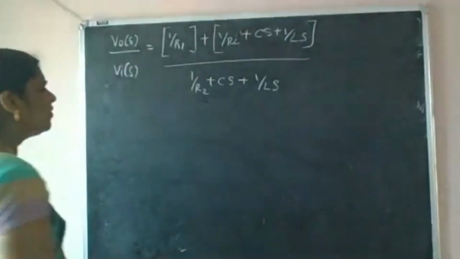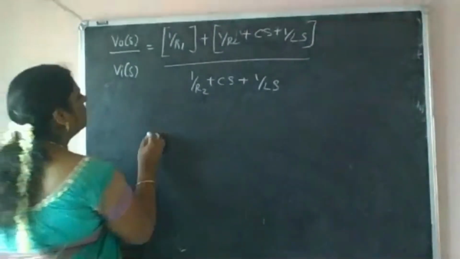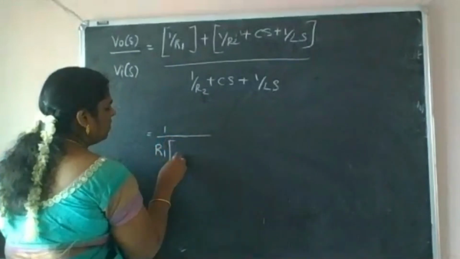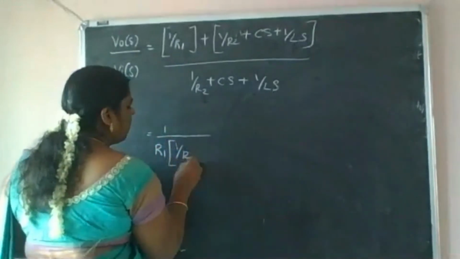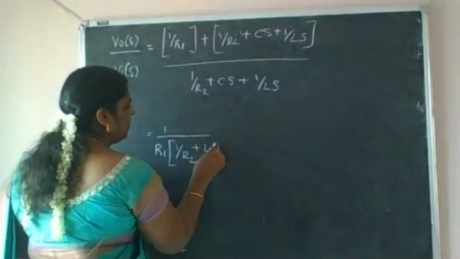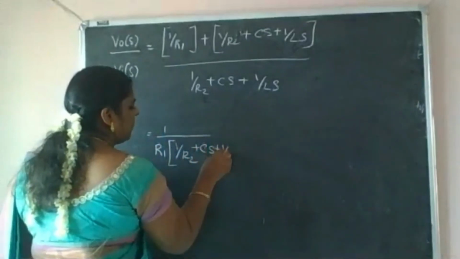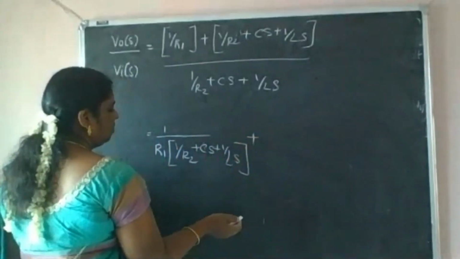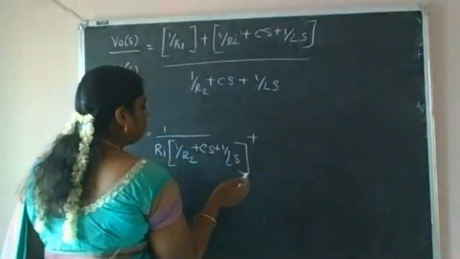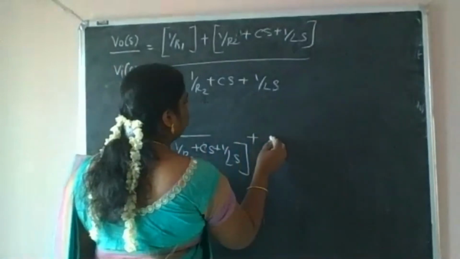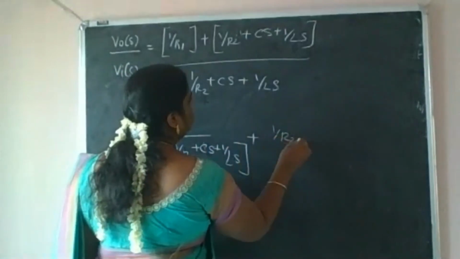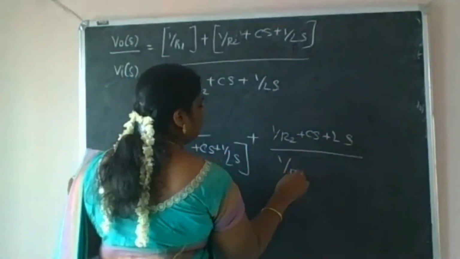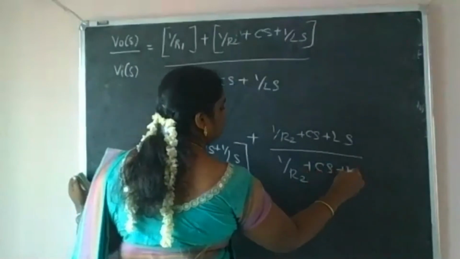Now splitting these two terms, we get 1 by R1 into 1 by (R2 plus CS plus 1 by LS), plus (1 by R2 plus CS plus 1 by LS) divided by (1 by R2 plus CS plus 1 by LS).